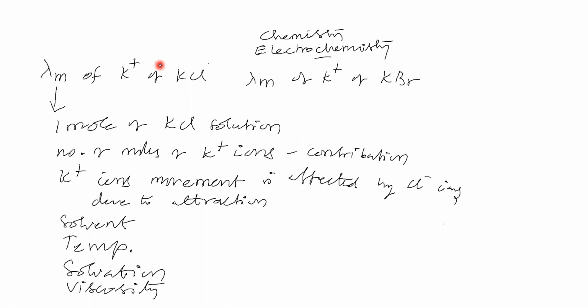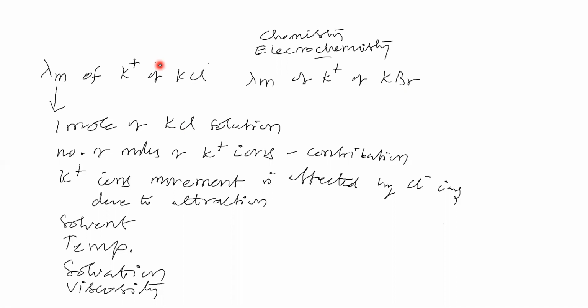So can we say the number of moles of K plus ions present here and here are the same? No, they are not the same. Why? Because the degree of dissociation of KCl and KBr are different.